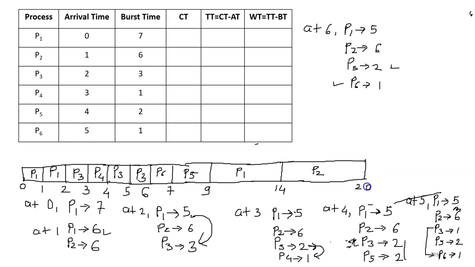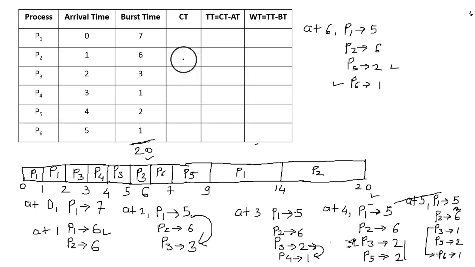So total time is 20. Here total burst time is 20 and completion time at Gantt chart is 20. So compute completion time for each process.